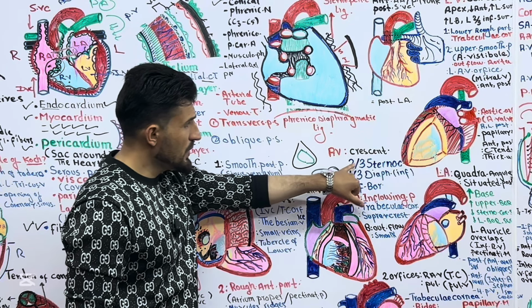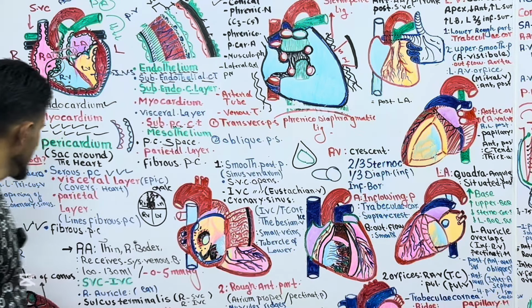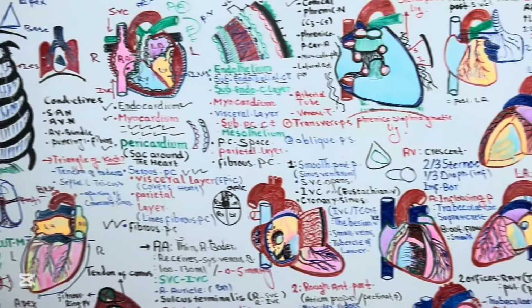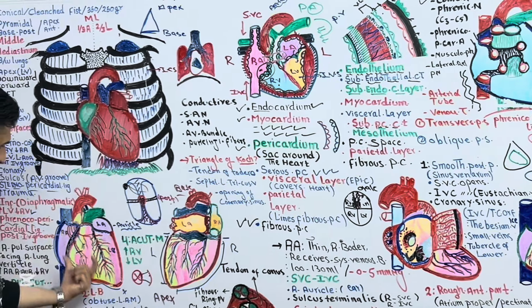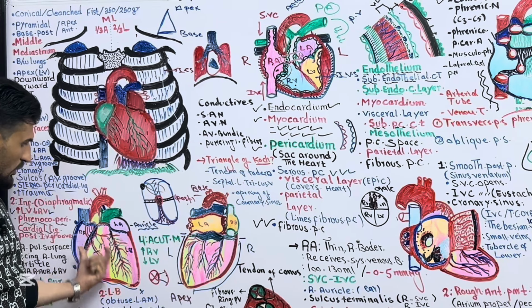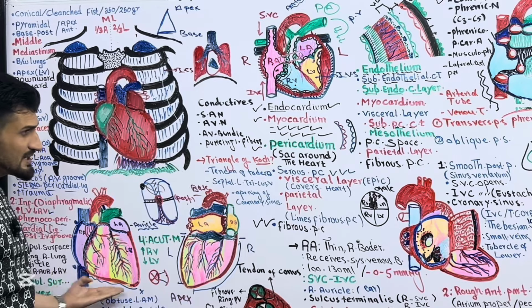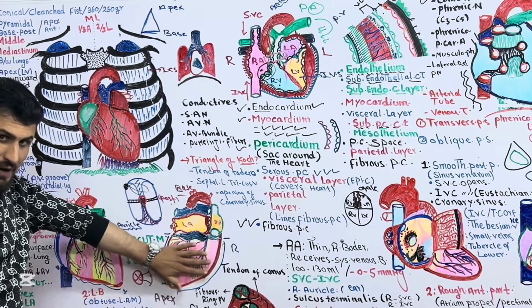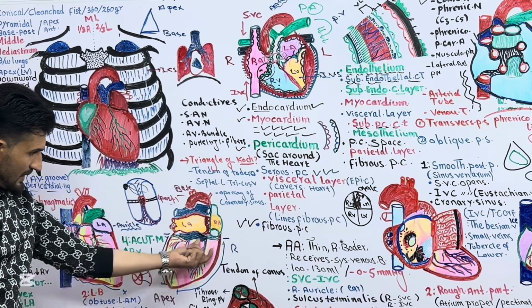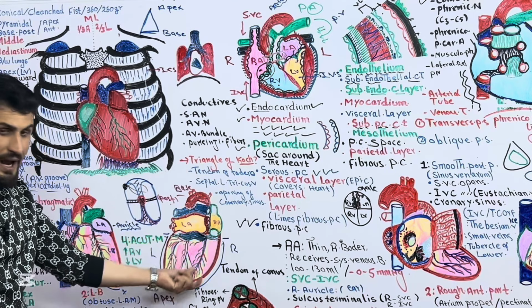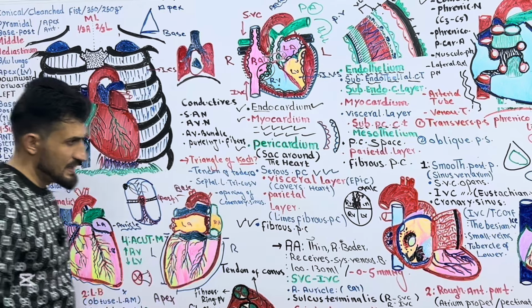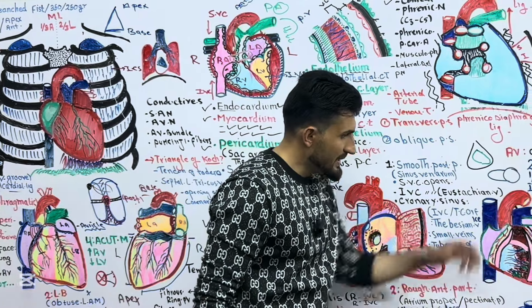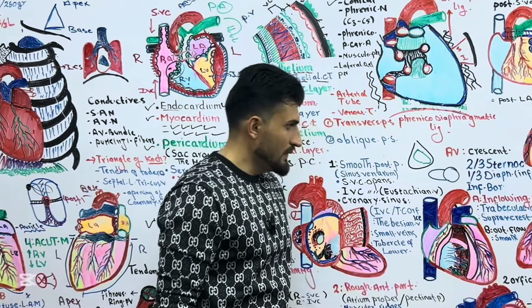It makes two-thirds of the sternocostal surface, and also one-third of the diaphragmatic surface. Plus, it makes the inferior border of the heart.